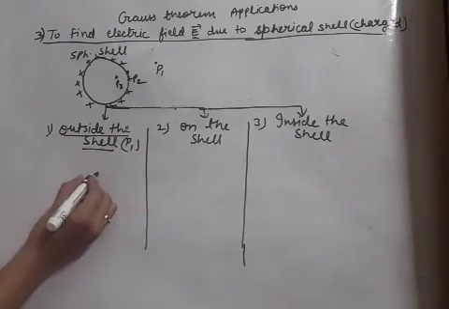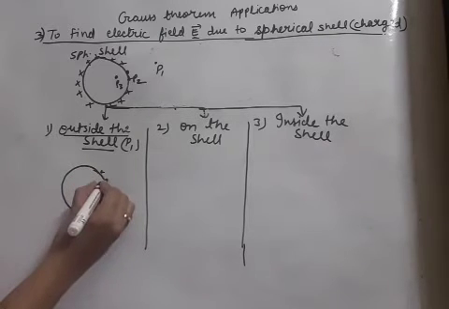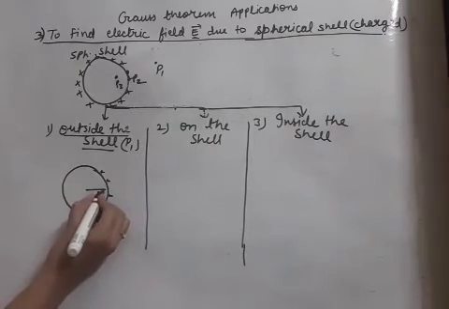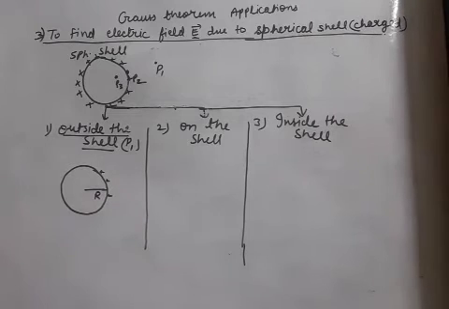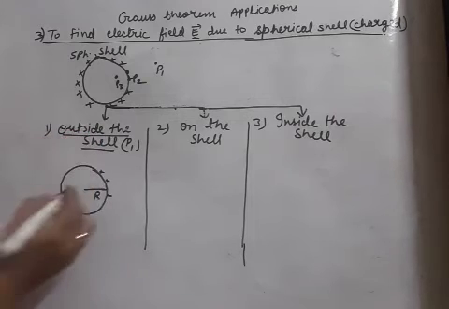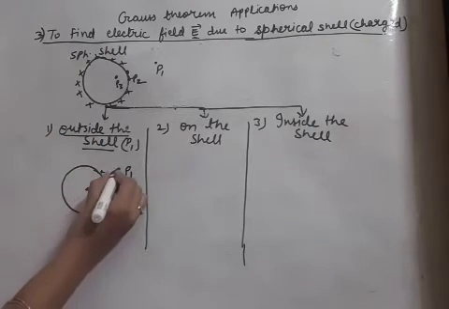Let us draw now. Suppose this is the shell given, which is positively charged. Radius of the shell we will always take capital R. Now our point is outside the shell. So suppose point P is here, it is outside.